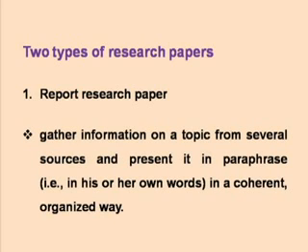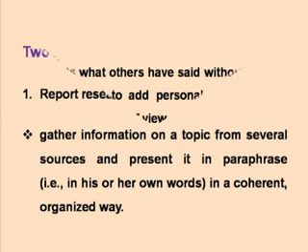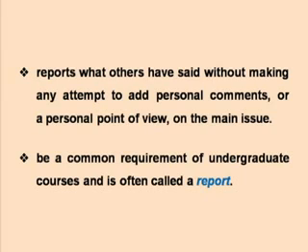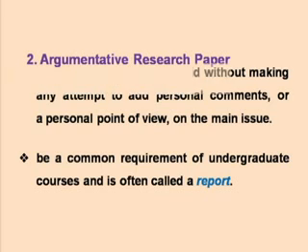A writer may gather information on a topic from several sources and present it in paraphrase, that is, in his or her own words, in a coherent, organized way. In this type of paper, the writer reports what others have said, without making any attempt to add personal comments or a personal point of view on the main issue. This is a common requirement of undergraduate courses and is often called a report.